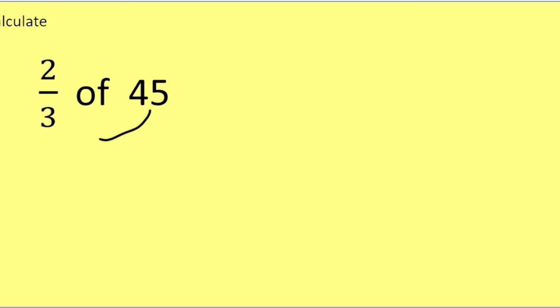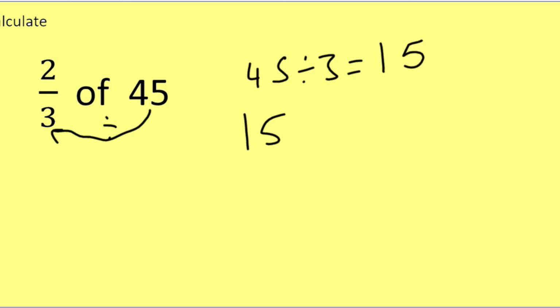So 45 divided by 3, which is 15. And 15 multiplied by 2 is 30. So remember, we divide by the bottom and we times by the top.